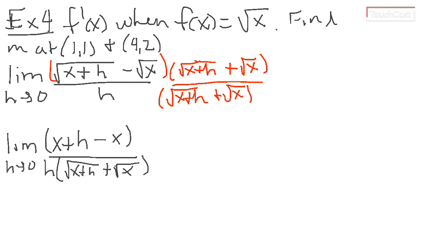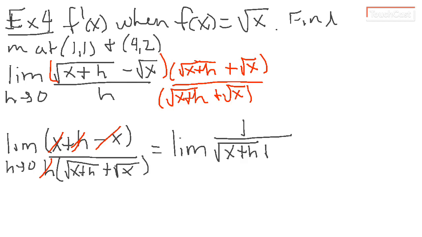So let's clean this up. Let's look for things we can cancel out. In our numerator we have a positive x and a minus x. They're gone. And in our numerator and denominator we have an h. So we can rewrite this as the limit of 1 over the square root of x plus h plus the square root of x as h goes to 0.